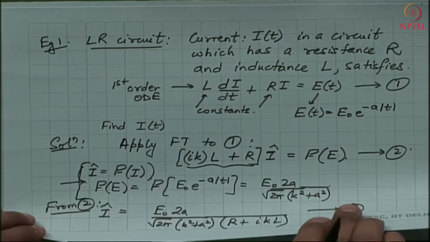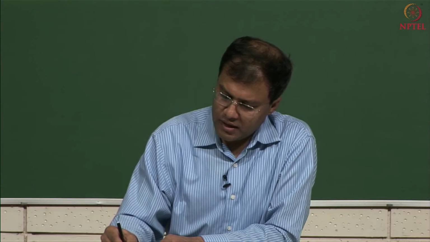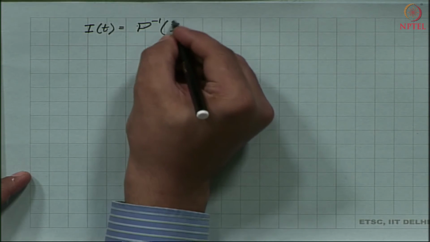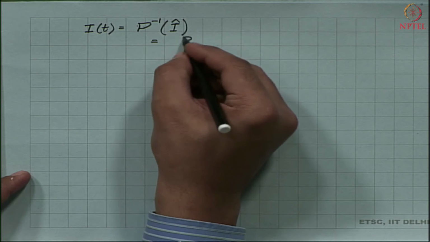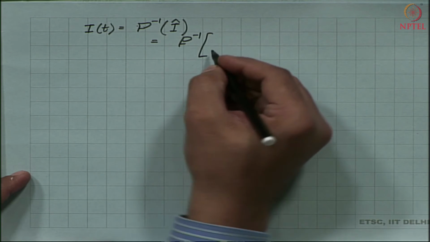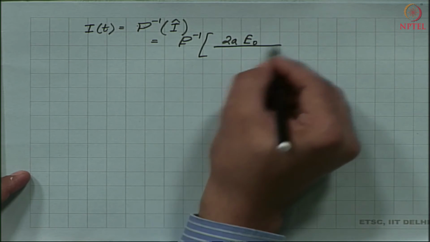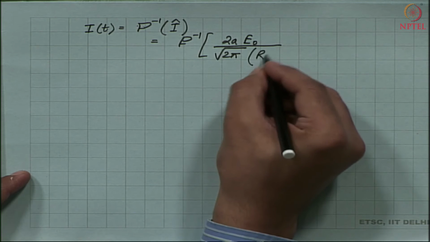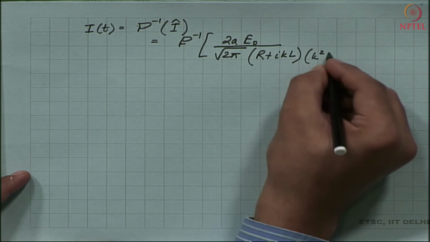So now from this I can find the inverse of the Fourier transform. So the solution I of t is given by the inverse of the Fourier transform of I hat, and this is also equal to the inverse transform of 2a E naught divided by square root 2 pi times (R plus i k L)(k square plus a square).